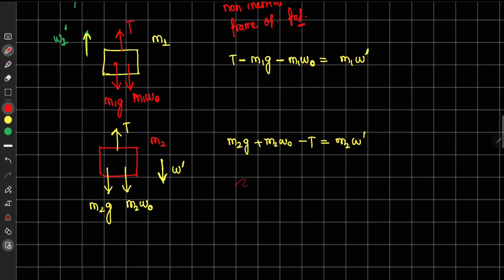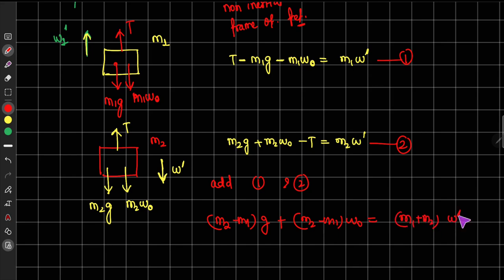So we can add equation 1 and equation 2. We will get (m2 minus m1) into g plus (m2 minus m1) into w naught is equal to (m1 plus m2) into w dash.